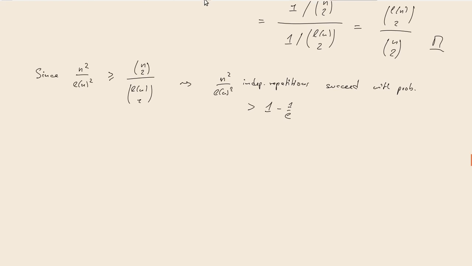So what does that mean for the running time? Let's say we would like to have this constant probability of success guarantee for the moment. Then we have a running time for a single repetition times the number of repetitions that we do.